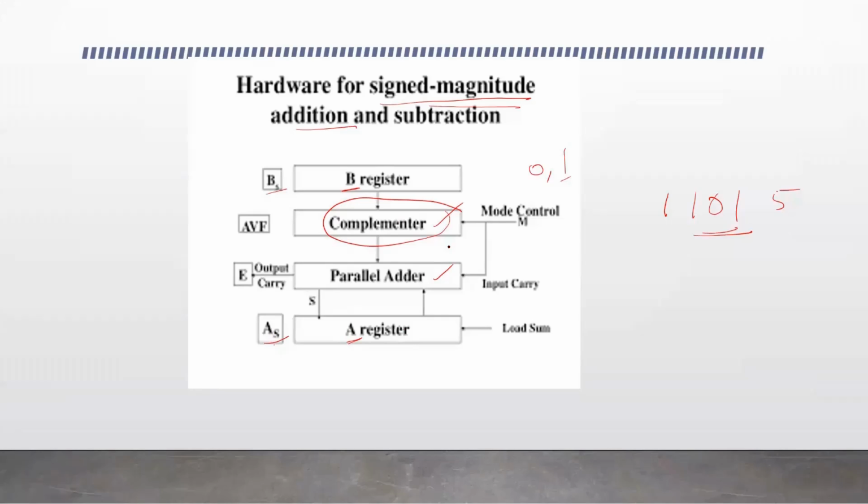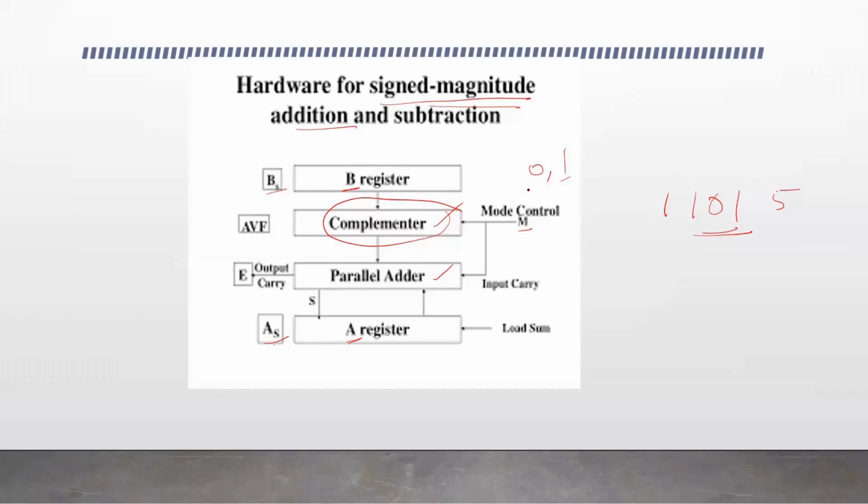Instead of performing subtraction, we complement the subtrahend and add it to the first number. Whether the operation is addition or subtraction is decided by M. The value of M may be 0 or 1. If it is 0, that means it is addition. If the value of M is 1, that means we have to perform subtraction.